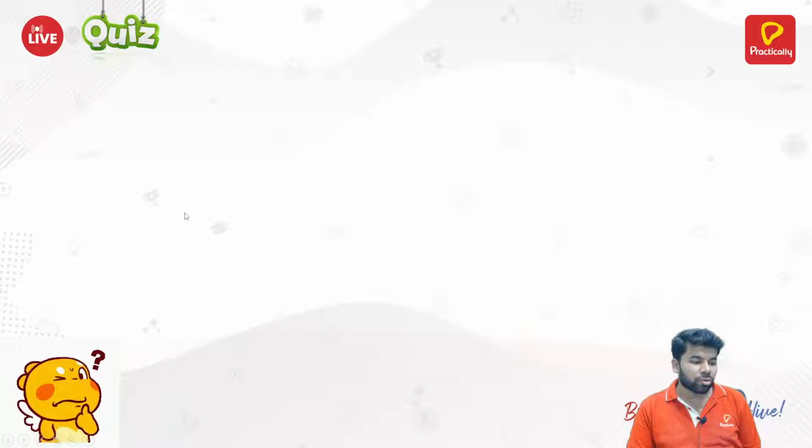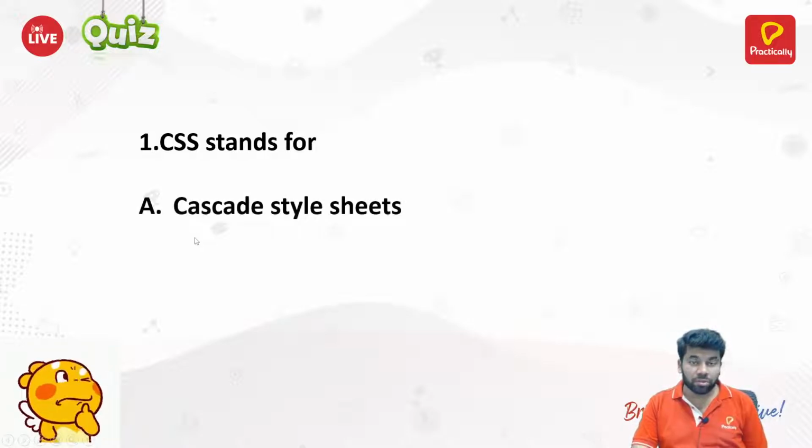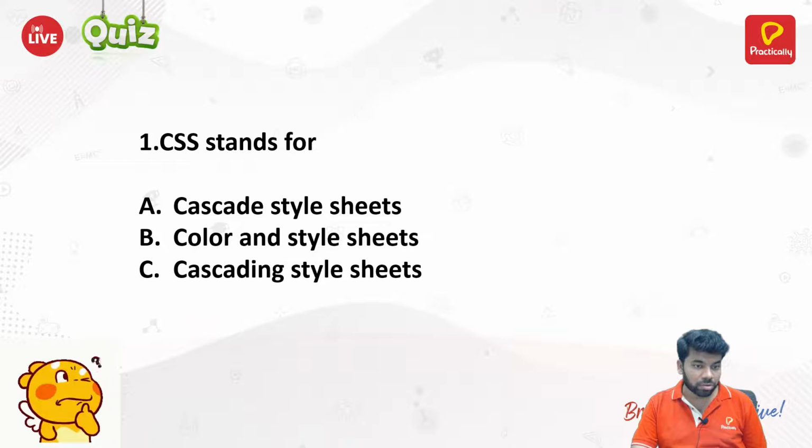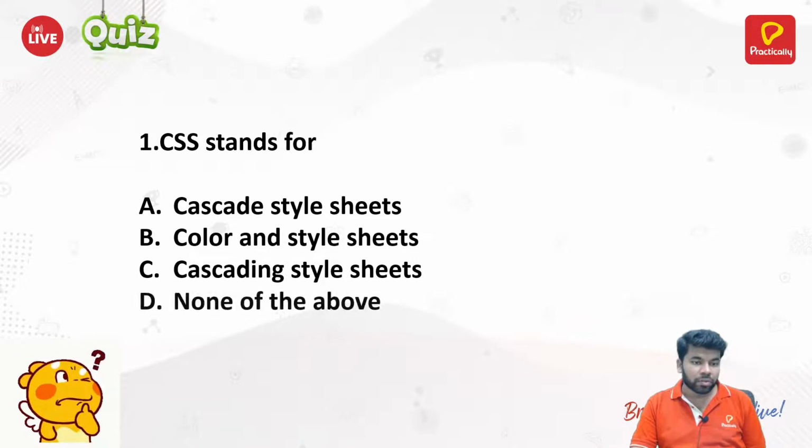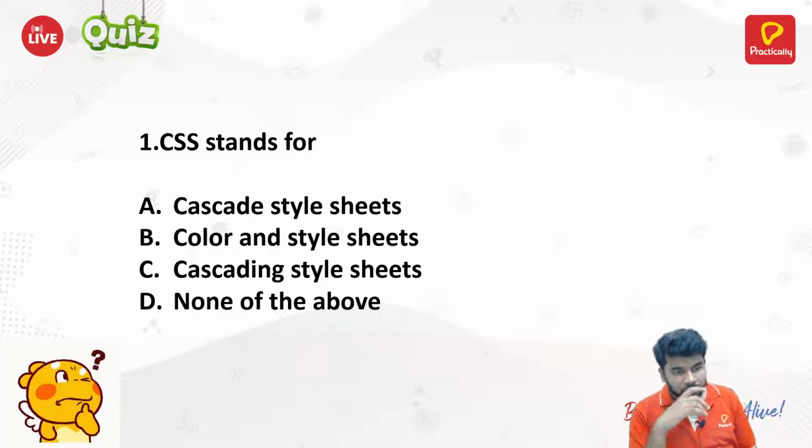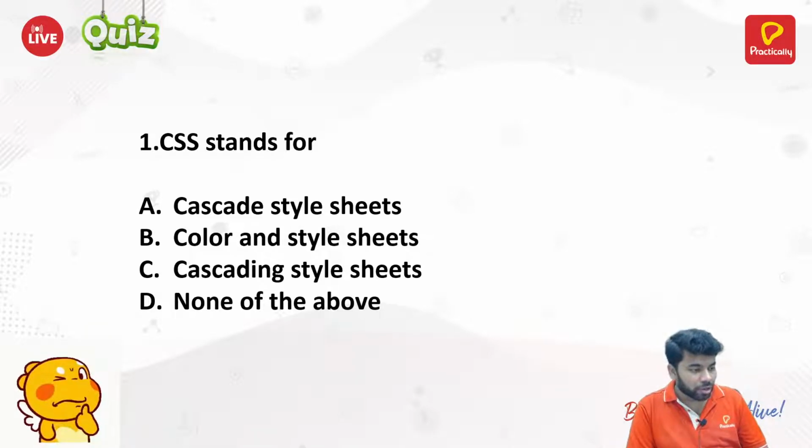Okay, so hi Aman. What is the full form of CSS? You can type your answer in the chat box. CSS stands for A, B, C, D. What is the correct full form of CSS? Sankshipt, if you are there, you can comment the answer in the chat.